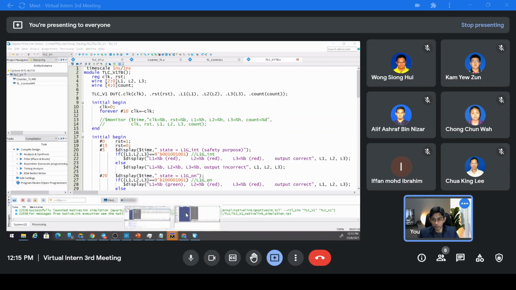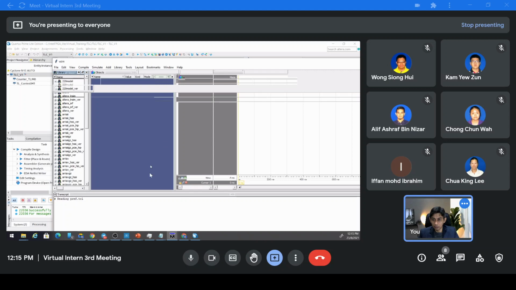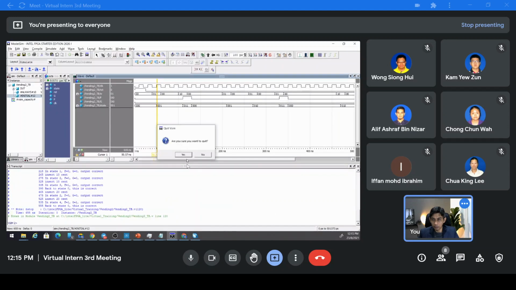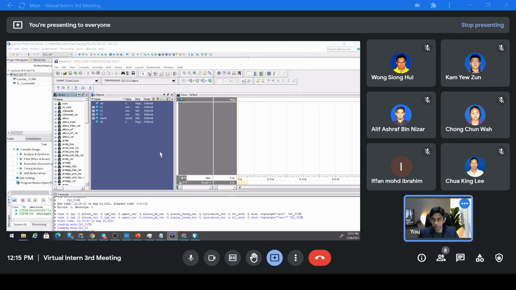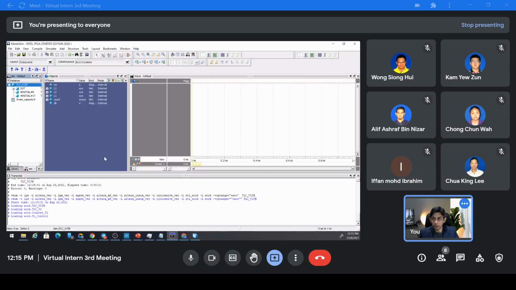Oops, hold on, I should close the previous one. This one is the previous one. Okay, so this is the traffic light one, still running.